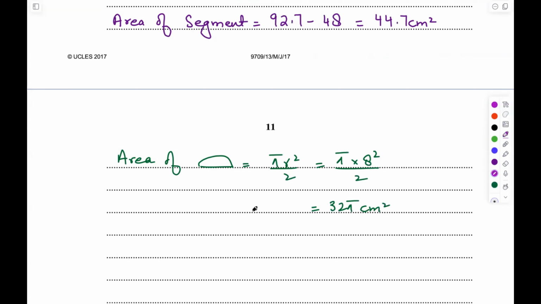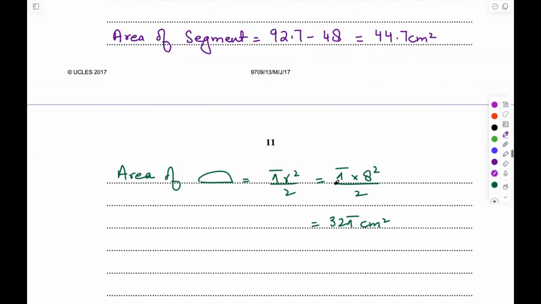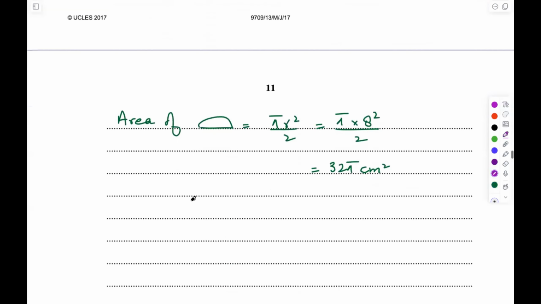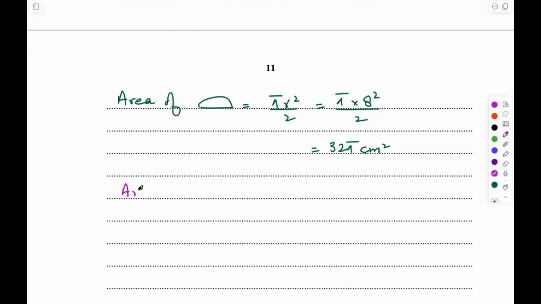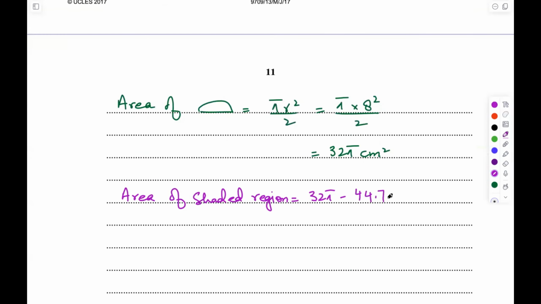So the final answer for the area of the shaded region: as the area of the semicircle is 32 pi, the area of the shaded region will be equal to 32 pi minus the area of the segment, which was 44.7 centimeters squared.